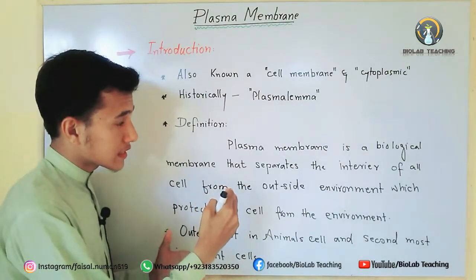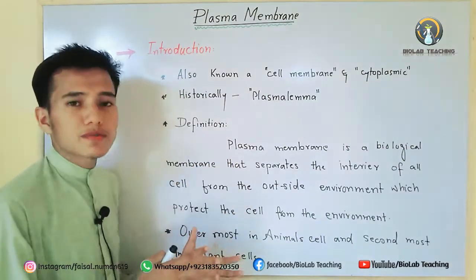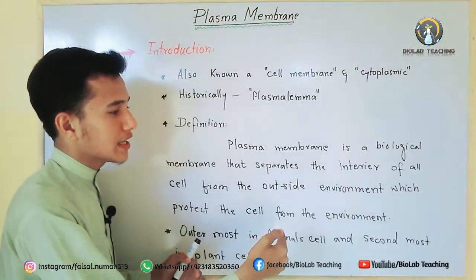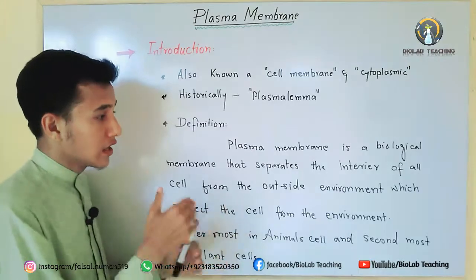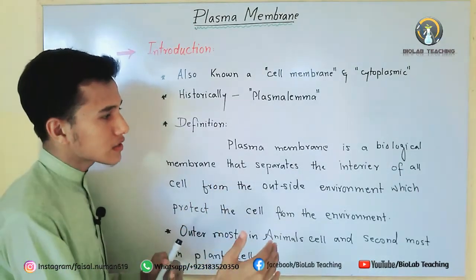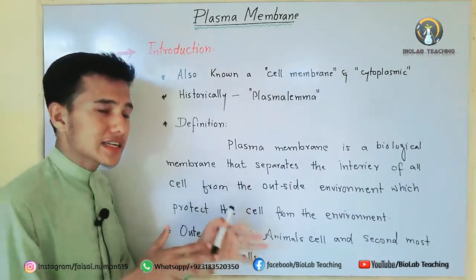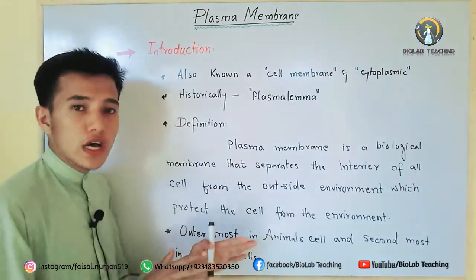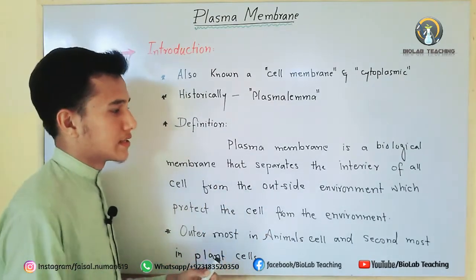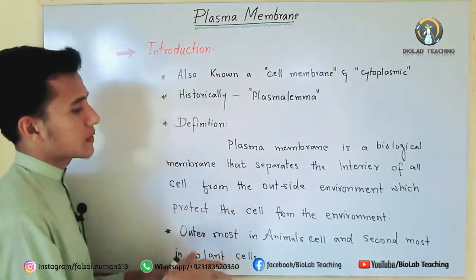It protects the cells and organs from the outer environment, and it is a selectively permeable membrane that allows some materials into the cell and allows some materials out. So this is the introduction of the plasma membrane.